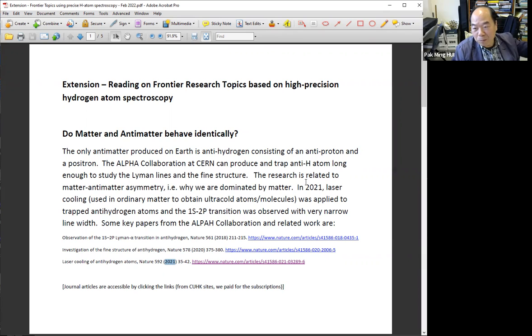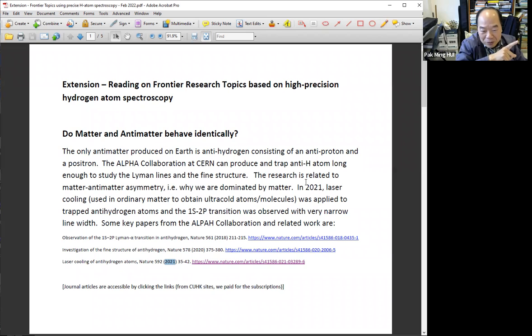Now, in the lab of Professor Wang Dajun, he used laser cooling. So use 6 laser beams to trap some atoms there, so-called cool them down to something like 10 to the -7 Kelvin, 0.0000001 Kelvin. So that is called ultra cold atoms, ultra cold molecules.